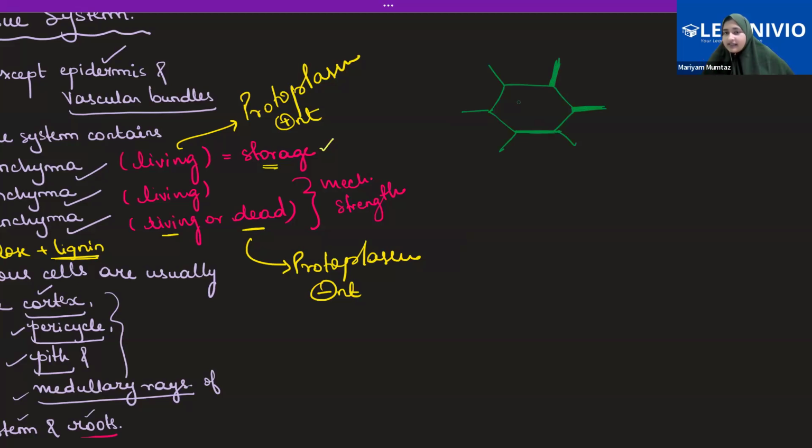It will be thickened in some areas, thicker than normal. So this thickening is present because of pectin. So it is thicker than the parenchyma. Clear?